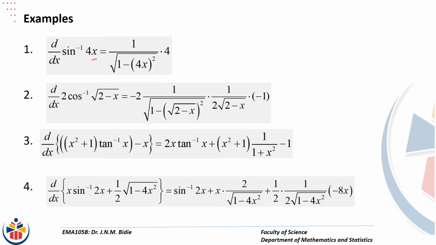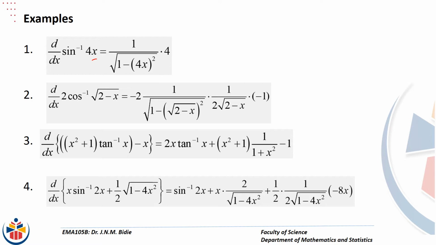The derivative of arc cos is the same as the derivative of arcsine, but we just introduce a negative. So if it's arc cos of u, you'll have minus 1 over the square root of 1 minus u squared multiplied by du over dx.